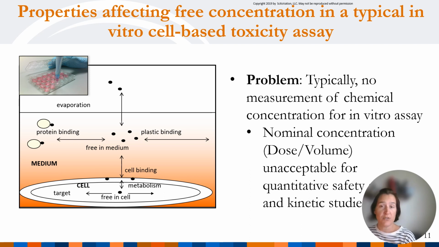In vitro, the free concentration may only be a fraction of the nominal or total added concentration because the chemical may evaporate, or bind to serum constituents or well-plate plastic, for example, and this will reduce the concentration available for uptake into the cells. So it's really important to take this into consideration.